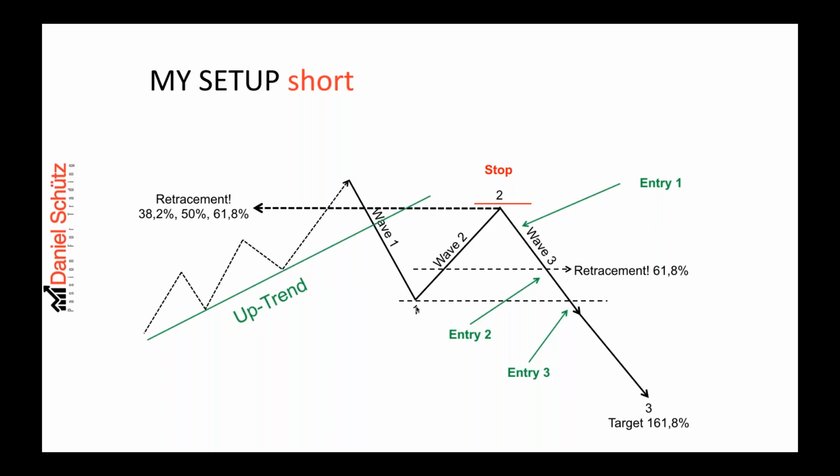The stop would be above the turning point of wave 2, or if you want to give the market a little bit more space, then it would be above the high of wave 1.